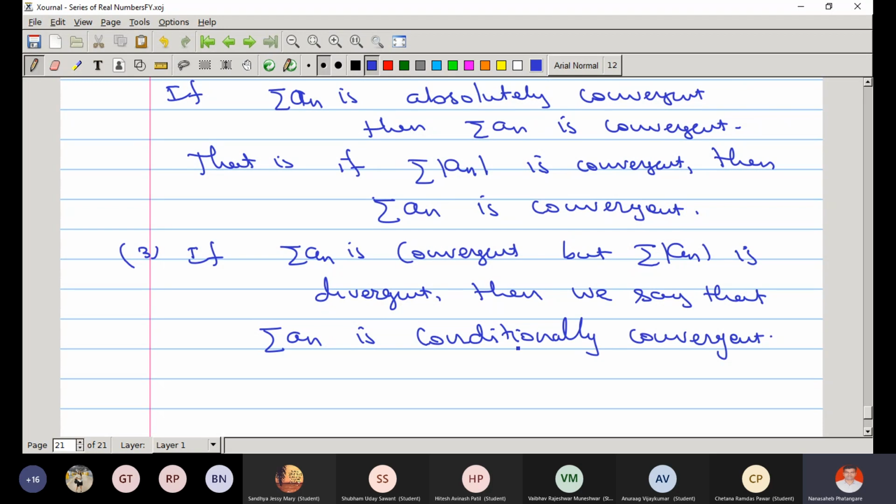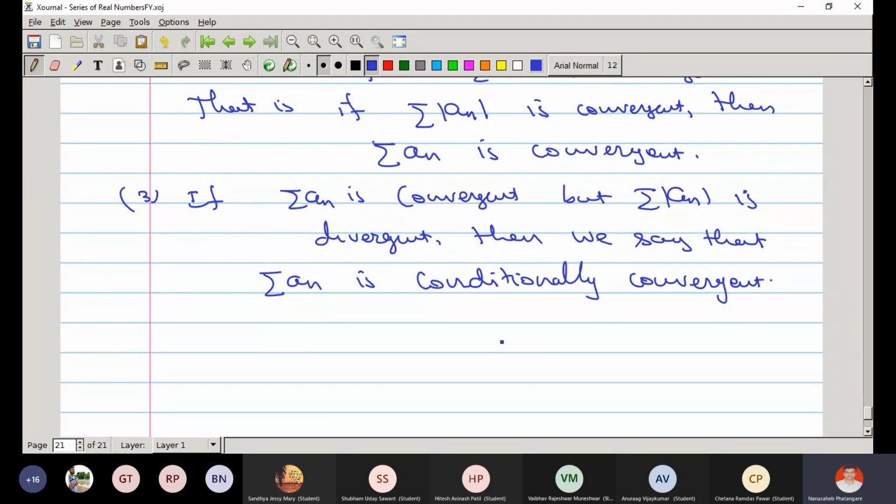Conditional means basically the series is convergent, but if you take absolute values, then what happens? Okay, so to understand this, there is one more test, the alternating series test.